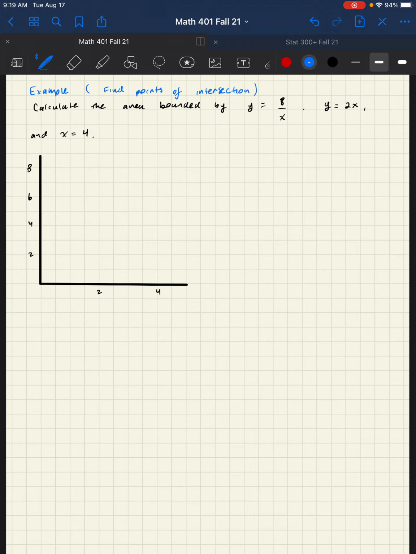But the upper curve will look roughly like this. So y equals 2x, that should look like, it's going to cross this point and this point. So I've just made it look like that. Okay, this is y equals 2x. And we don't know what the other one will look like, but we do know that if you plug in 1, you get 8, so it should look something like this.